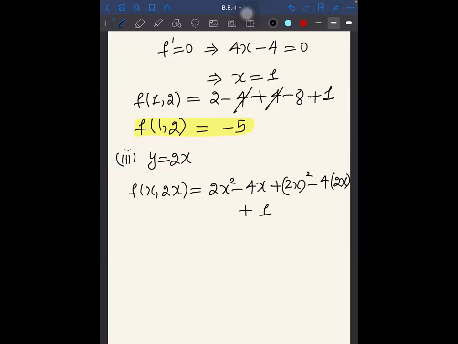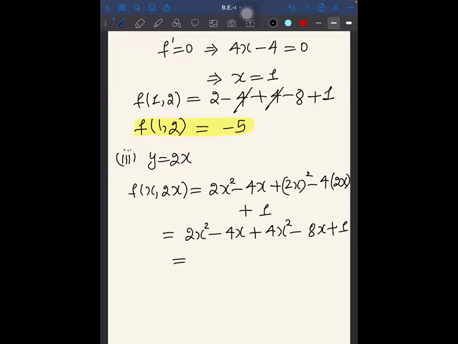Right? Is it okay? Yes, sir. Okay, 2x square minus 4x plus 4x square minus 8x plus 1.